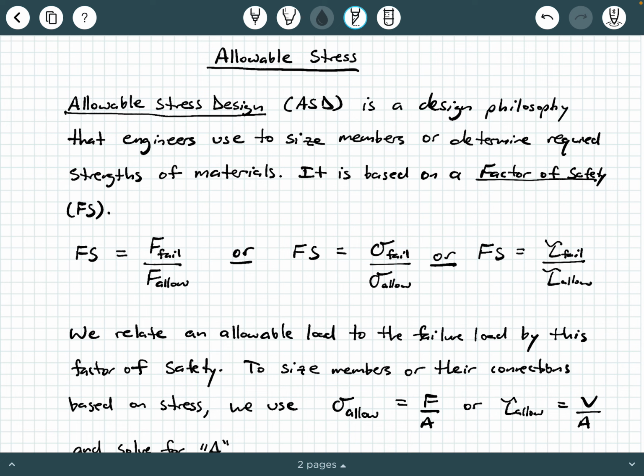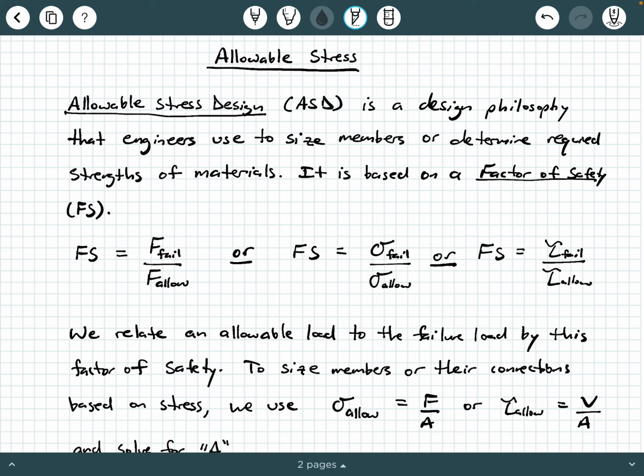So as engineers, we need to build in safety factors so we don't get right up against failure. We don't have something that's always about to fail. So for different components or different materials, we design them with factors of safety bigger than 1.